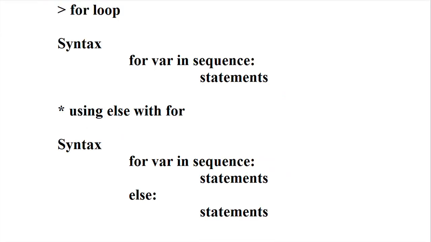The syntax is: for variable in sequence, then execute that statement. A for loop in Python is used to iterate over a sequence or other iterable objects. Iterating over a sequence is called traversal. A for loop can have an optional else block. It is executed if the items in the sequence used in the for loop are exhausted.